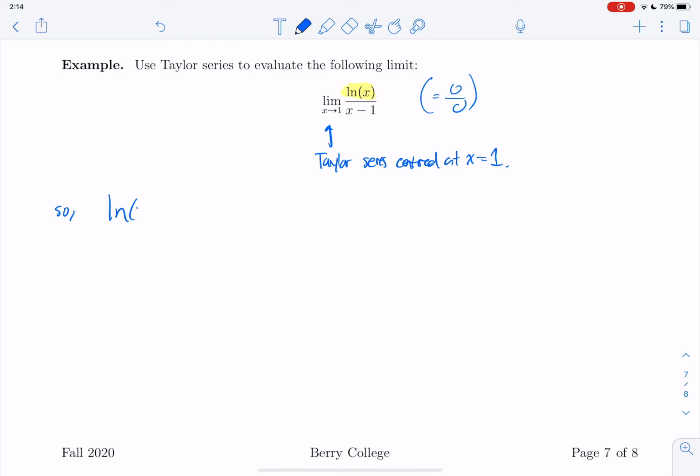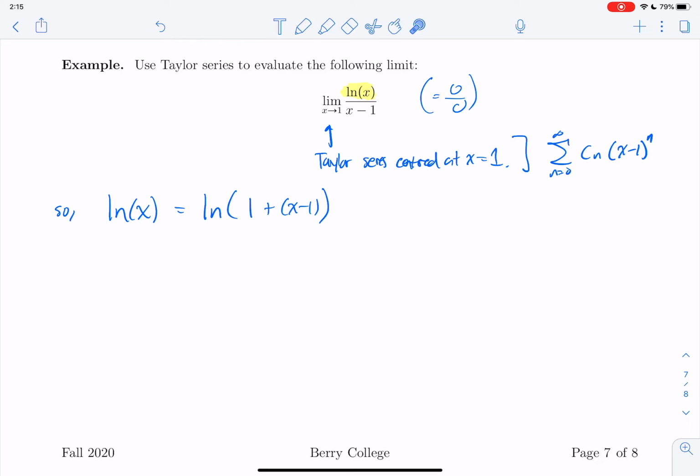Note that ln of x, if we add and subtract 1, we're going to do 1 plus x minus 1. Now remember, of course, Taylor series centered at 1 means a series of the form x minus 1 to the n. So if I add and subtract 1 algebraically, this is already a 1, so I don't have to split it with properties of logarithms.